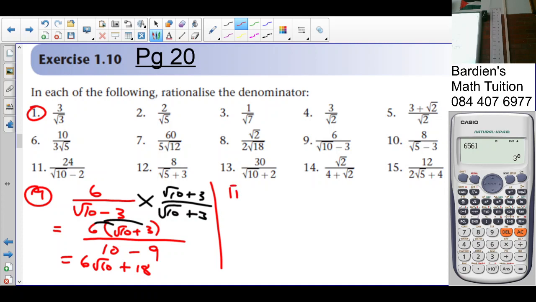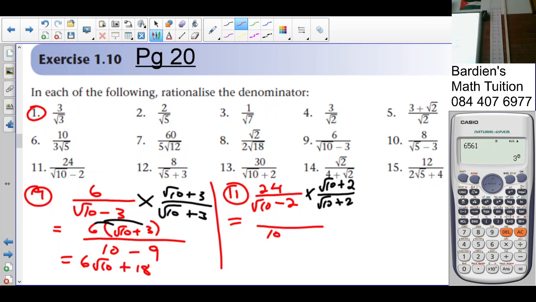Number 11. 24 over root 10 minus 2. What must this be multiplied by? Root 10 plus 2. It will be nice if you guys talk to me. Which is what? First times the last. It's going to give you 10 minus 4.